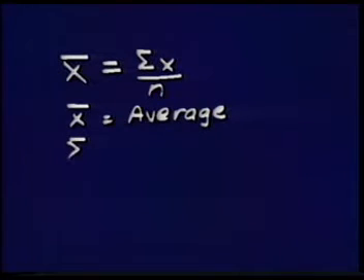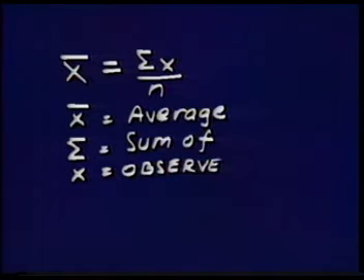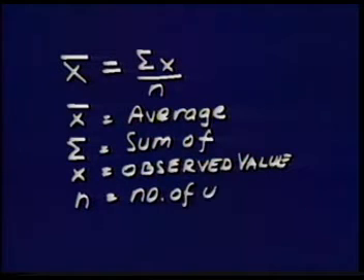This capital Greek sigma means the sum of. Any X is an observed value. And N is simply the number of observations or units.